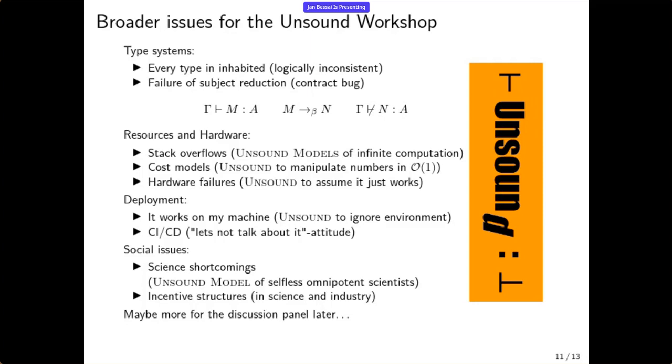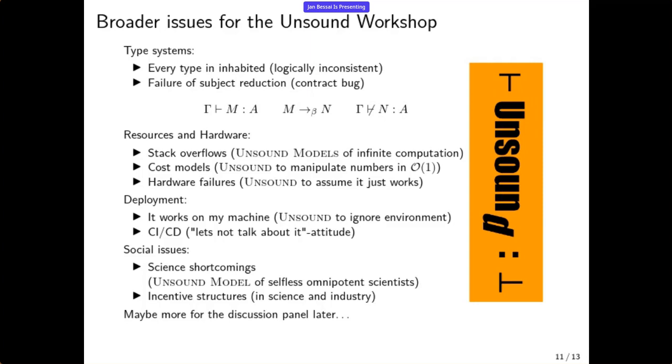There's this unsound model of the selfless, omnipotent scientist who will always try to do the best thing, always try to write honest reviews, and always try to be modest about his or her own results, when in reality that's just not the case.